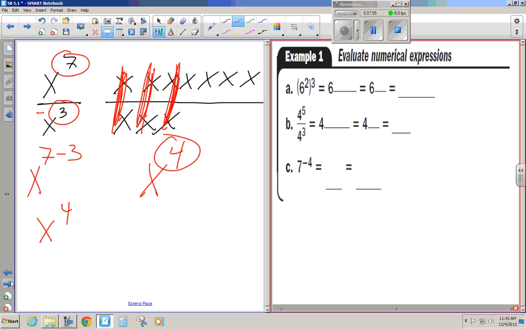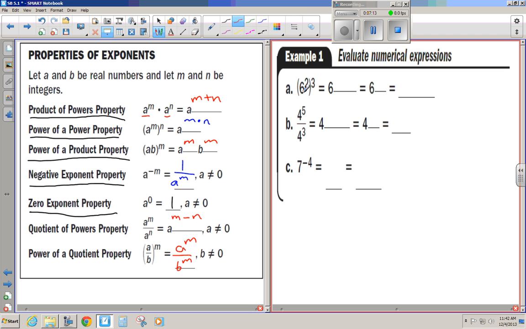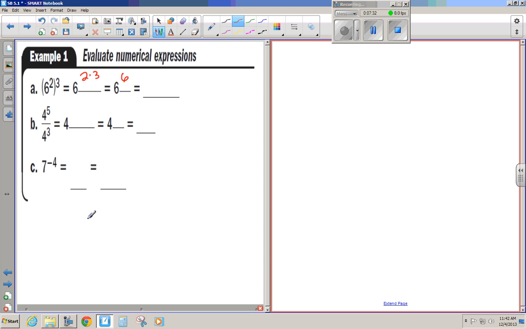All right, so now we're going to use some of these properties. This property right here, 2 powers, so it's 2 times 3, or 6, to the 6th. Now, you could use your calculator to do 6 to the power of 6. Now, let's talk about powers in the calculator.